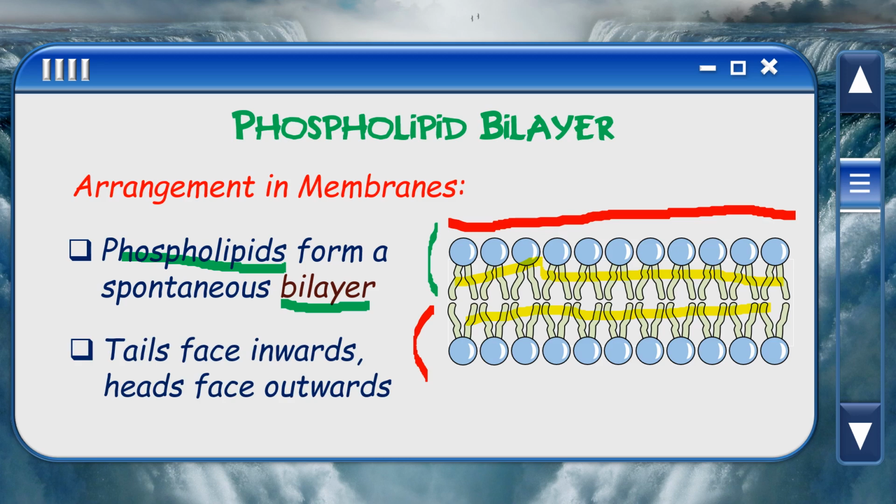The tails face inwards, and the head faces outward. This side is the head, made up of the phosphates. Inside are the tails, made up of the lipids.